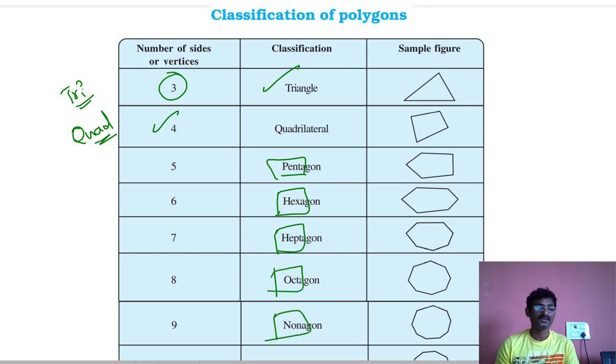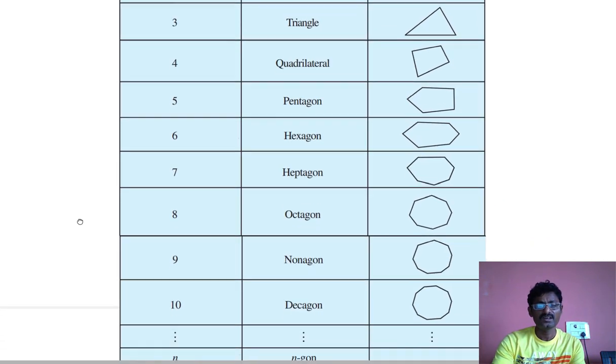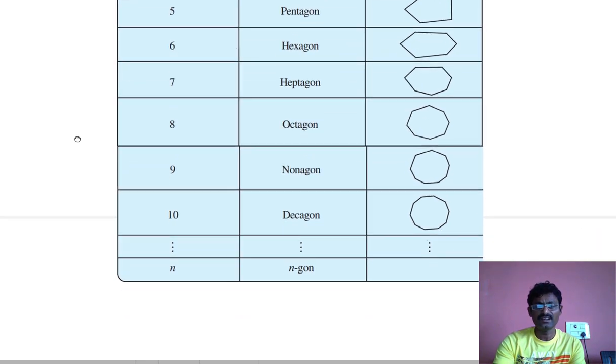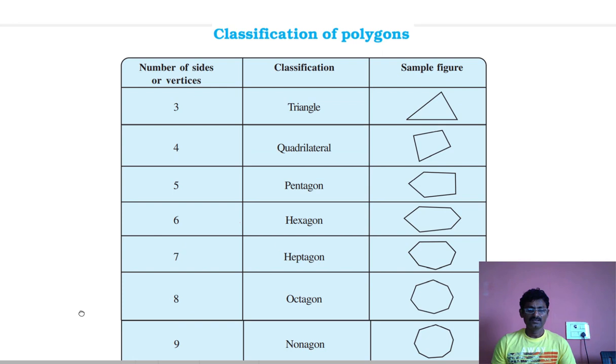Nona 9. So like that, according to the number of sides, we can classify the polygons. 3 means triangle, 4 is quadrilateral, 5 sides means pentagon, 6 sides hexagon, 7 sides heptagon, 8 sides octagon, 9 sides nonagon, then we have 10 sides decagon, and like that. If there are n sides, the polygon is said to be n-gon.